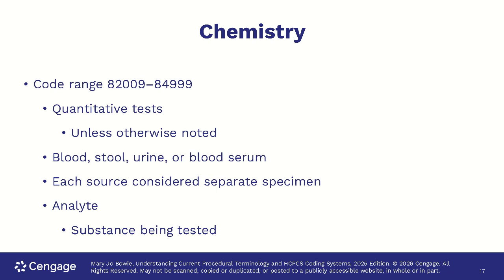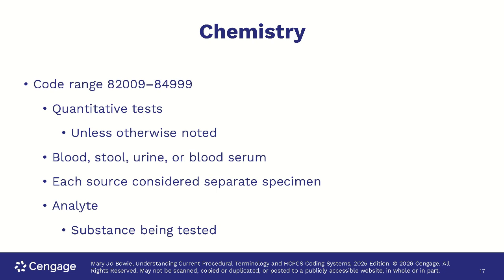And unless otherwise stated, tests in the chemistry section are considered quantitative. Quantitative is how much is in there. The sources or specimen of a quantitative test could be blood, stool, urine, or blood serum. And if the code does not specify a source, that particular code can be used for any sources.